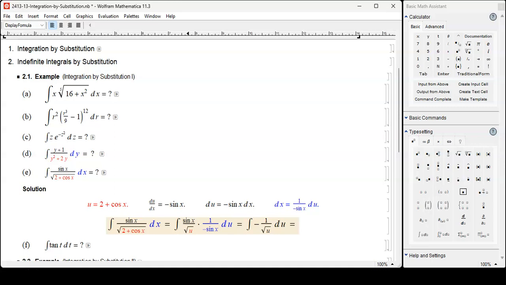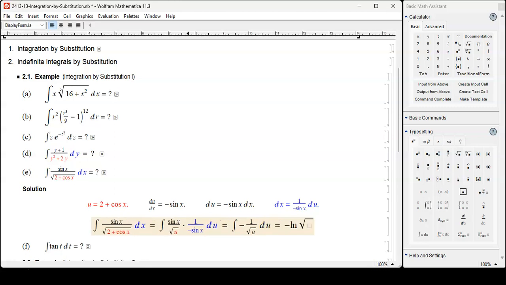Okay, what's the antiderivative? Log of square root of u. Wrong. Wrong, wrong, wrong. Correct it. How do you make it right? Don't pay too much attention to this reciprocal expression, 1 over something.